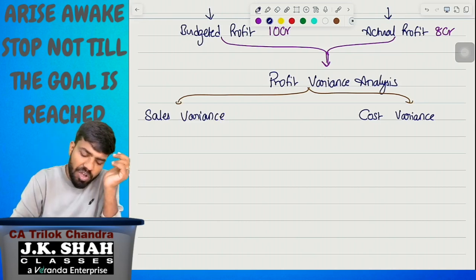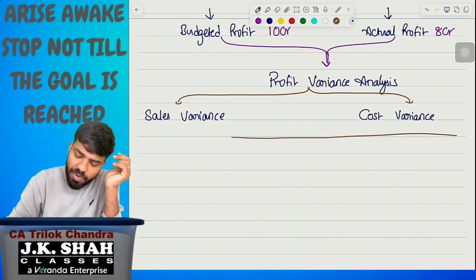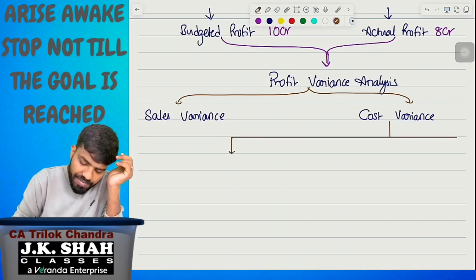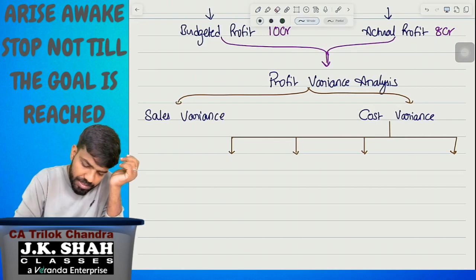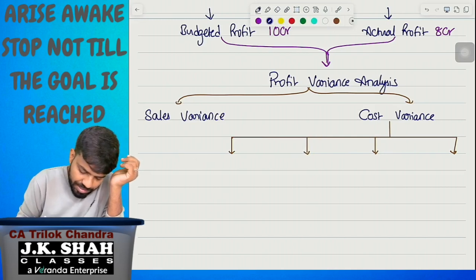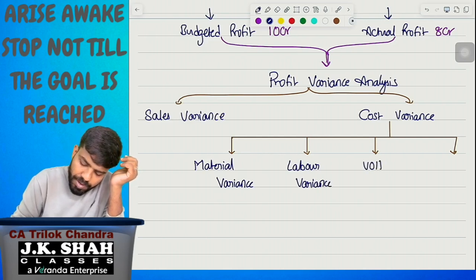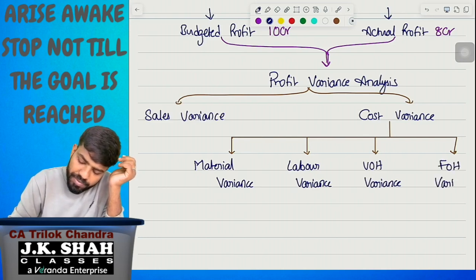So please understand, this cost variance will broadly be classified into four categories: material variance, labor variance, variable overhead variance, and at last fixed overhead variance.